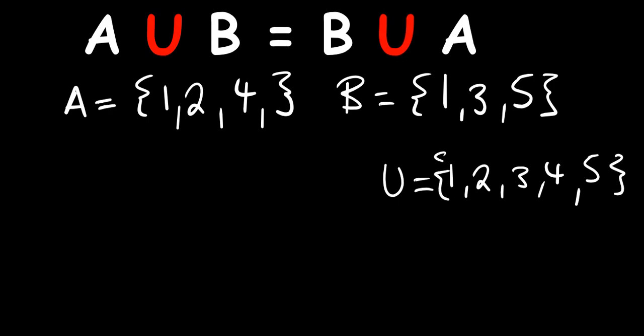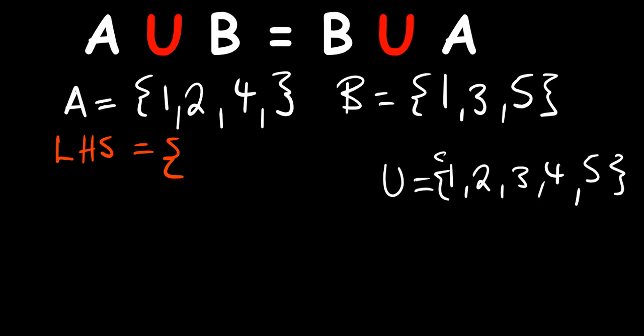So let's start with the left hand side. We're trying to combine A with B. That's what the union means. In A we've got 1, 2, 4. In B we've got 1, 3, and 5. With the union, you're getting all the elements that are found in both, but we're not going to repeat those numbers which are found in both.